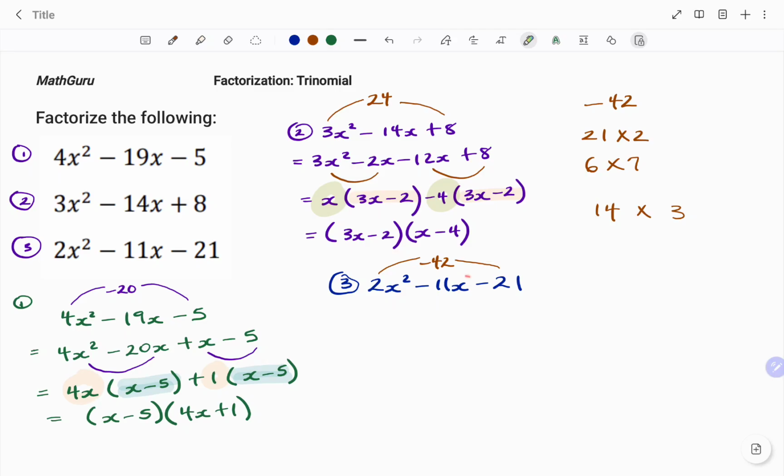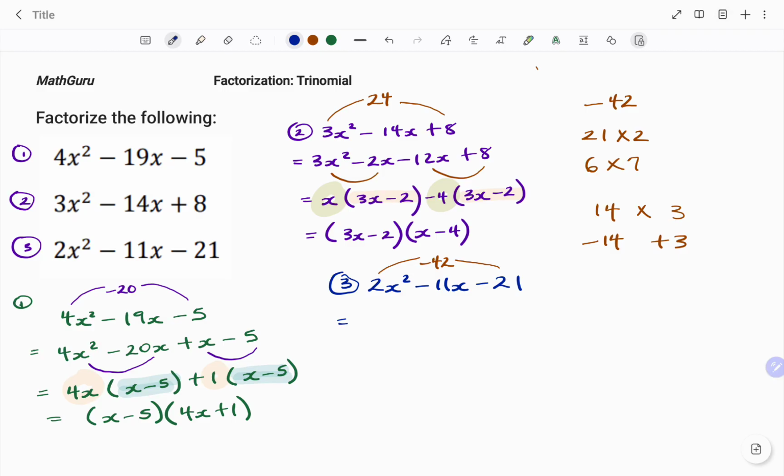However, if I add it together, I need negative 11. So because negative 11, I'm going to make my 14 the negative one and plus 3. If I do a double check, this combination will give me negative 42, but it will also give me negative 11.